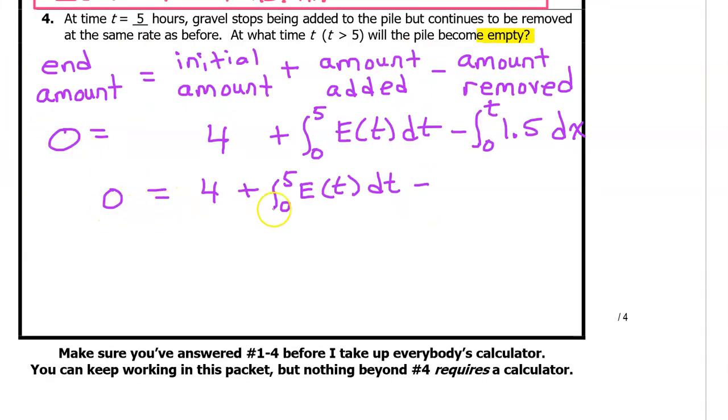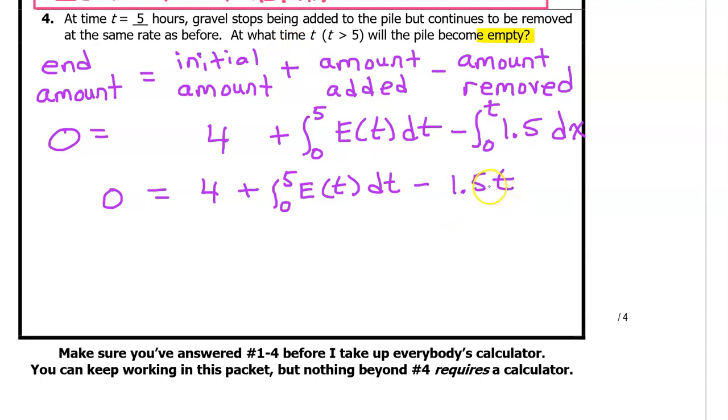I recopied the first few terms, and now I am up to here. Using the shortcut I taught you in the side lesson, the integral of 1.5 from 0 to t will be 1.5t. We could have come up with this by common sense, because we know that gravel is being removed at a constant rate of 1.5 tons per hour.